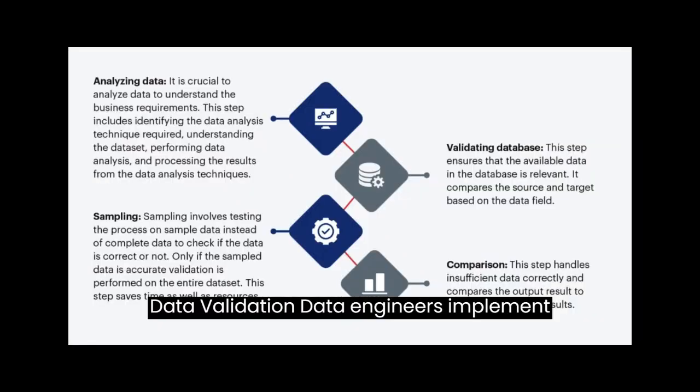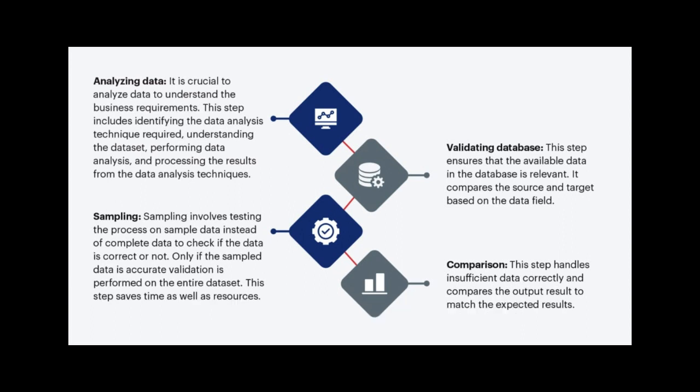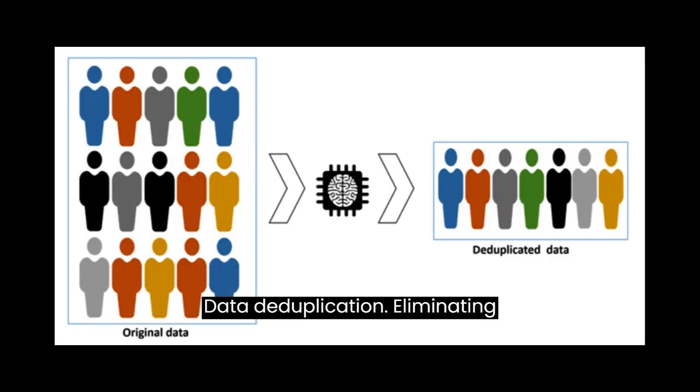Data validation. Data engineers implement validation checks to ensure data quality and integrity. This may involve verifying that data adheres to predefined rules, constraints, or reference data. Data deduplication. Eliminating duplicate records is crucial to maintain data quality and prevent inaccuracies in analysis.